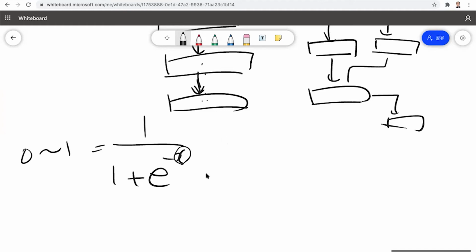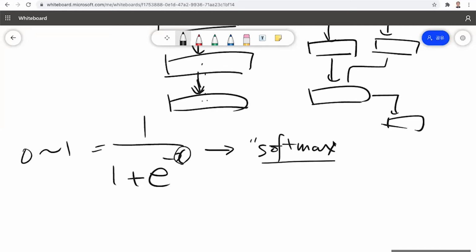And then there is a generalized version of this function called softmax. This terminology was named by the computer science and machine learning people.